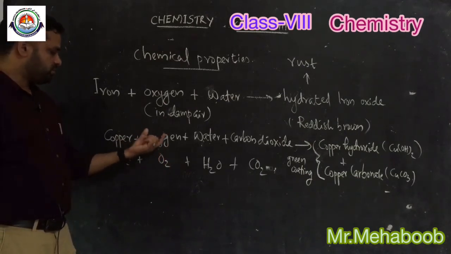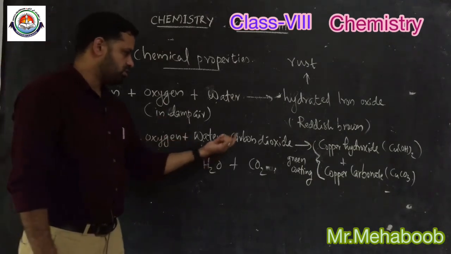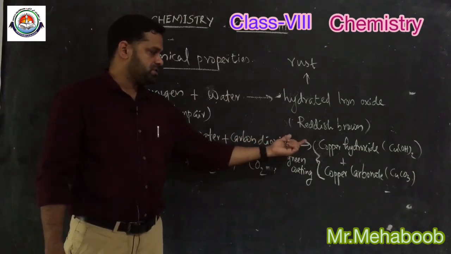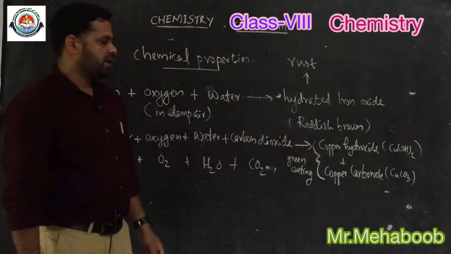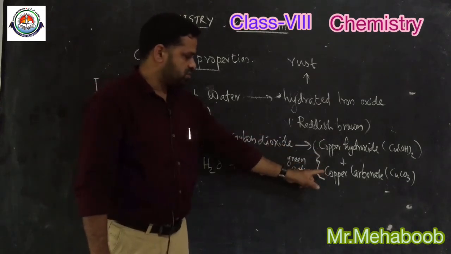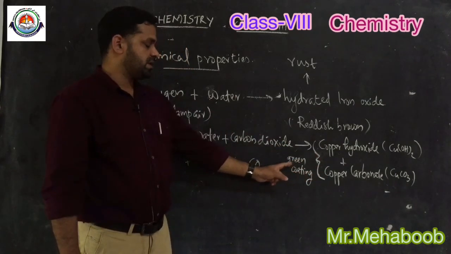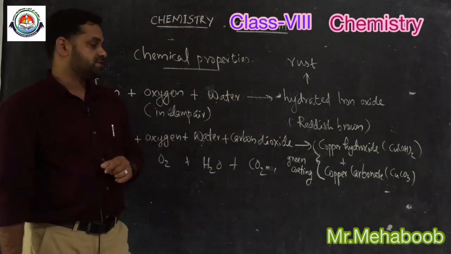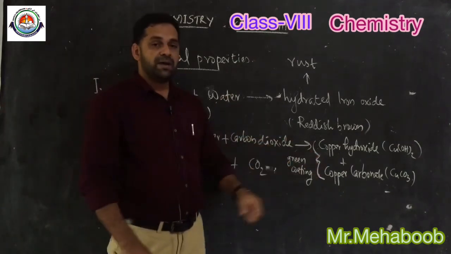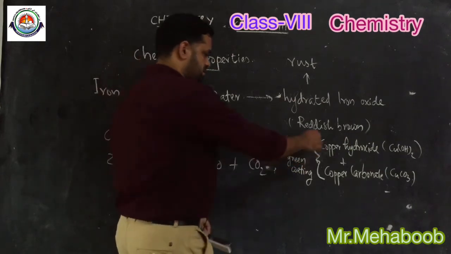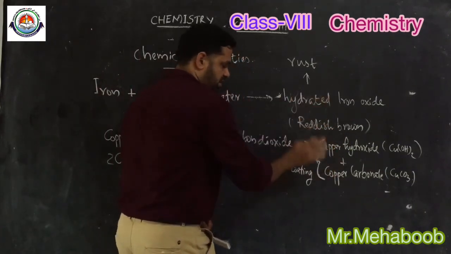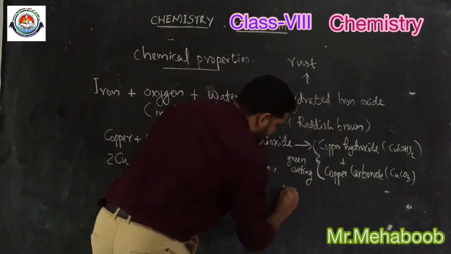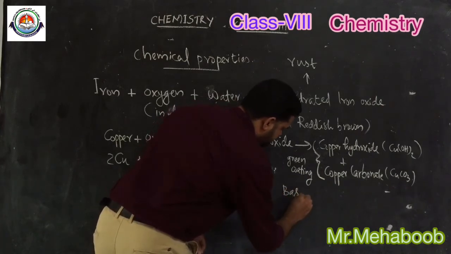It reacts with atmospheric oxygen, water molecules and carbon dioxide, and produces copper hydroxide and copper carbonate. A mixture of these two is responsible for the green coating on the surface of copper materials, and together we call them basic copper carbonate.